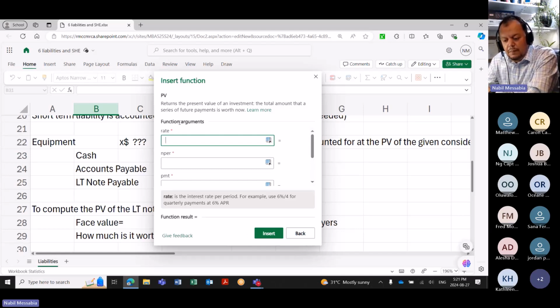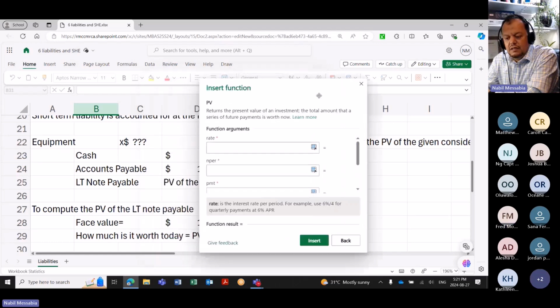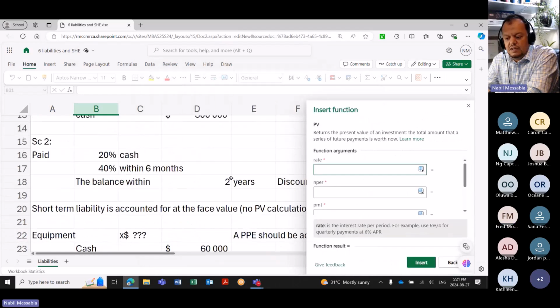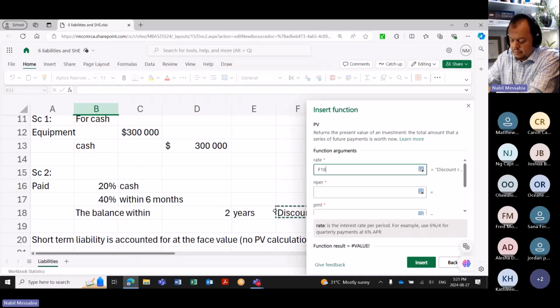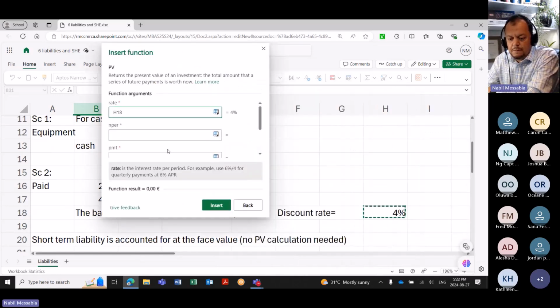The form asks what is the rate, and of course here we presume a rate related to the period. Here the rate is the discount rate. We said 4%.